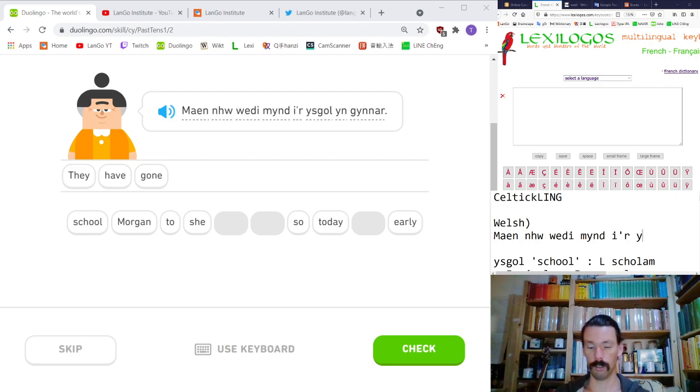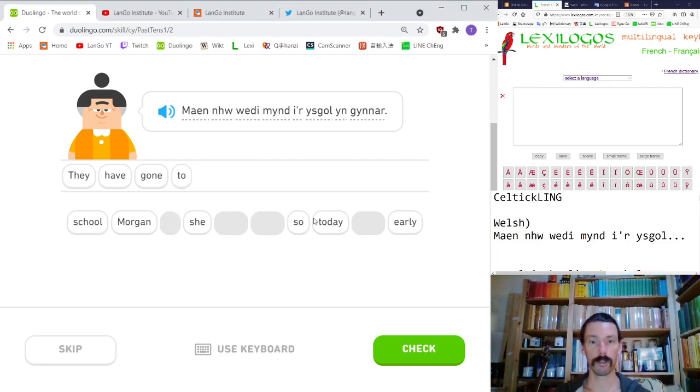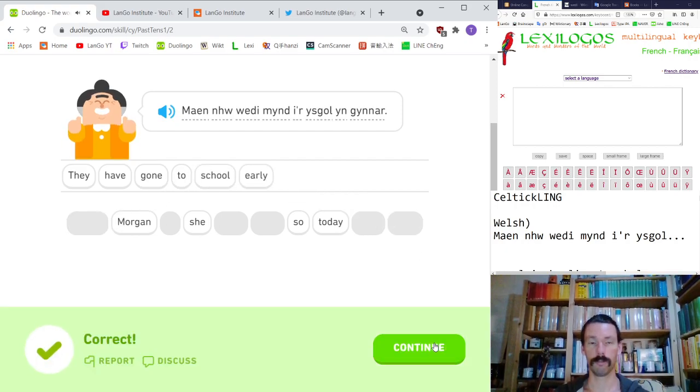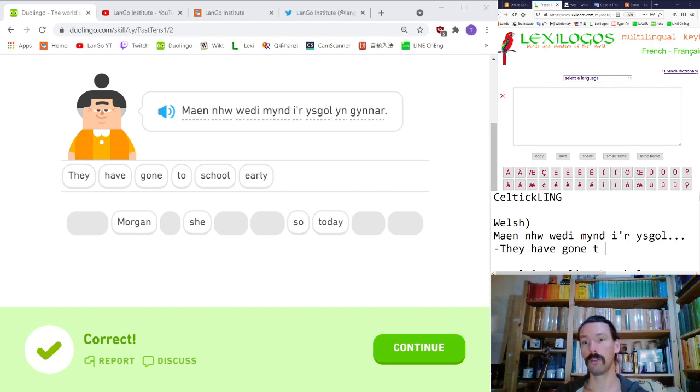I'r ysgol, to the school. That's enough. There's actually more to it, but that's not the part I'm interested in. To school early. The early part. But the fact that it means they have gone to school.